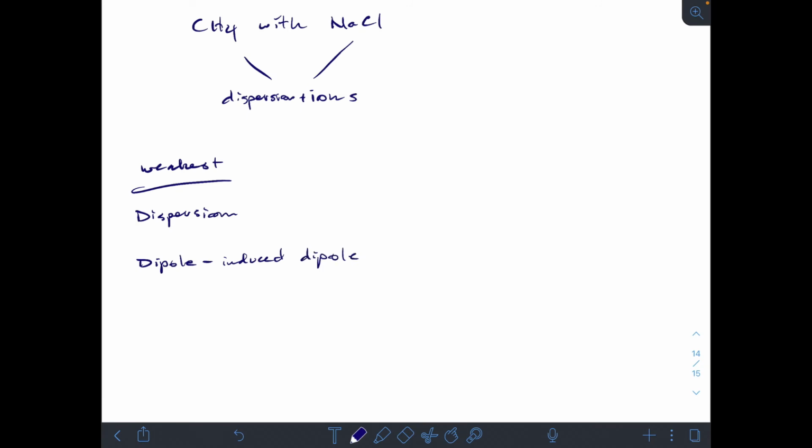Again, we have to have two things. We have to have a polar molecule and a nonpolar molecule. Next, we have ion-induced dipole. Again, we need two things. We need an ion and we need a nonpolar molecule.